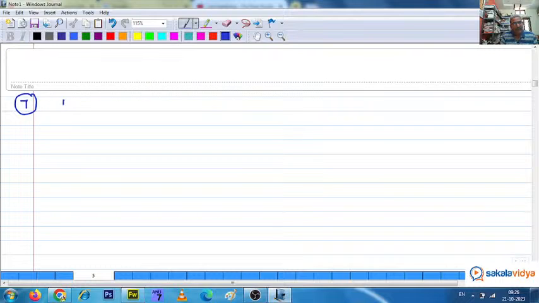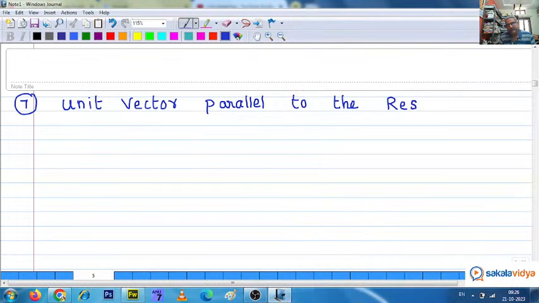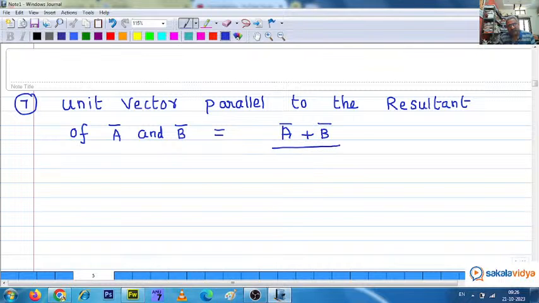The unit vector parallel to the resultant of A bar and B bar is equal to A bar plus B bar, the sum of the two vectors, divided by its modulus, mod A plus B. So this is the unit vector parallel to the resultant vector of A bar and B bar. Clear? Right.